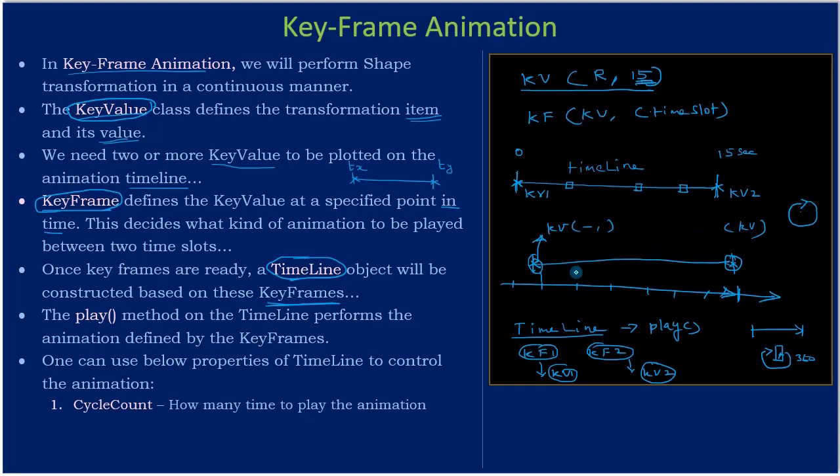So we define the timeline for one sequence, that means for a 360-degree rotation. So it will say rotation 0, rotation 360 based on key value at a different keyframe, in the sense from timeline 0 to timeline 10 seconds, one rotation will be completed. And if we set cycle count as 4, then the rotation will be done 4 times. That means the animation will go for 40 seconds.